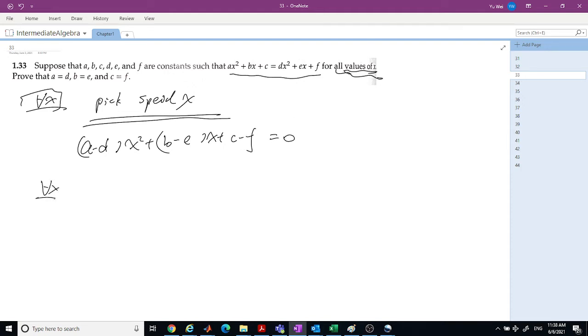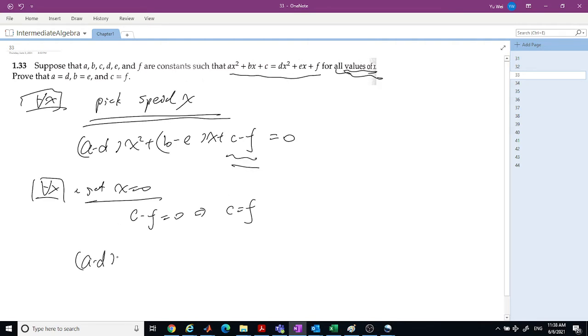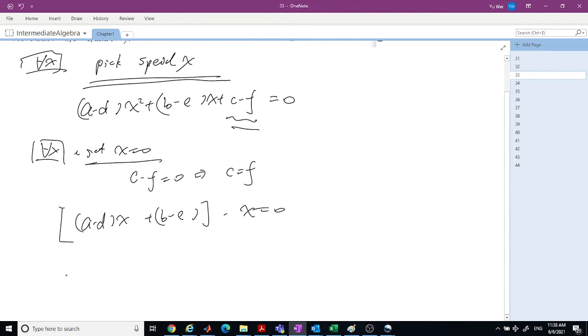So pick an x, okay? Any x. Set x equal to 0. What do we have? So c minus f equal to 0 means c equals f, right? Okay. c equals f means this is gone, right? So we have a minus d times x plus b minus e times x equals 0, right? So now let's see. Set x equals to 1. We have a minus d plus b minus e equals 0.